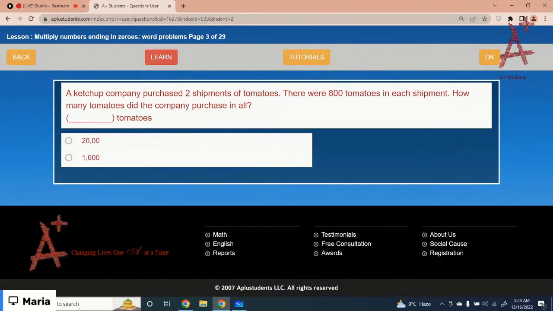Got it? So it would be 1600. You have to put two zeros because 800 has two zeros, so it is 1600. Just select the correct option, then click on the OK button.